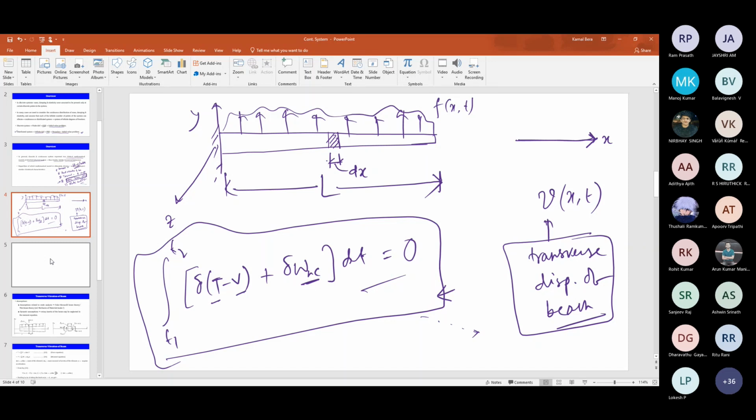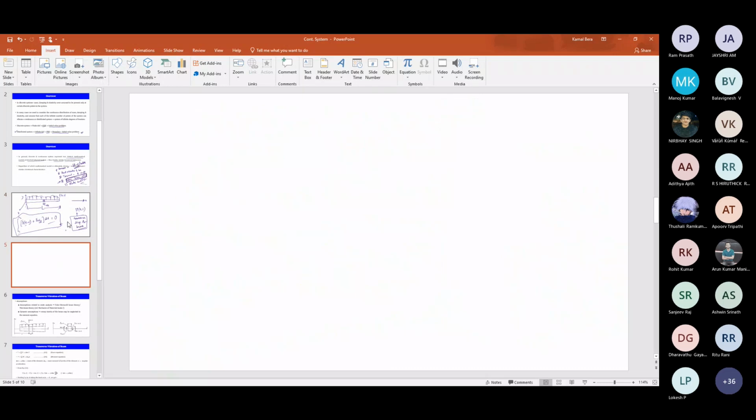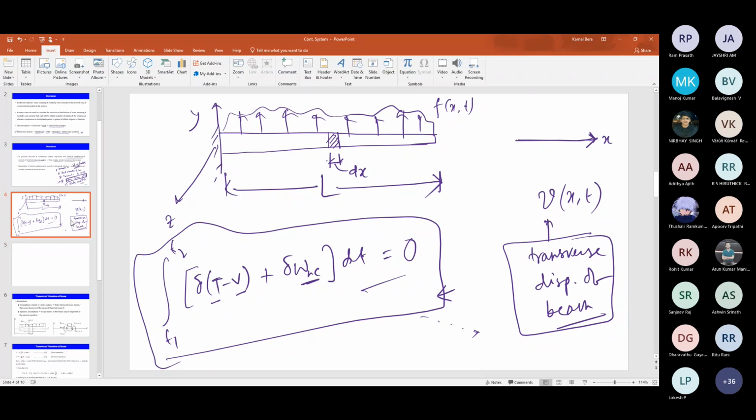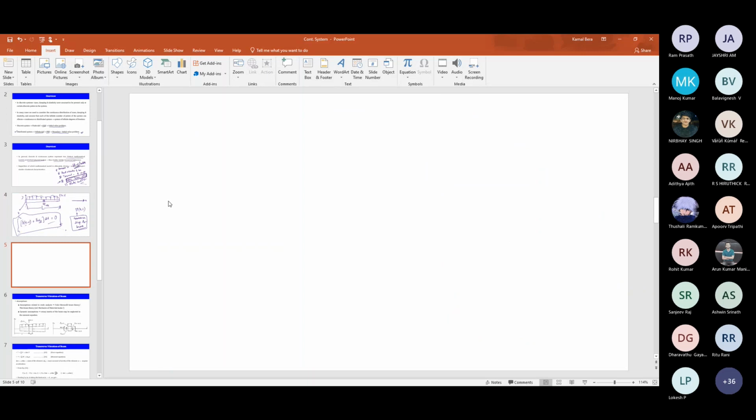Since the deformation is very small, the slope is very small, and you can ignore the inertia effect, the acceleration due to the change in slope with time. That is part of the Timoshenko beam theory, where you consider both shear deformation and rotary inertia. Understood? So with these assumptions, now just consider a small elementary portion of the beam of length dx.